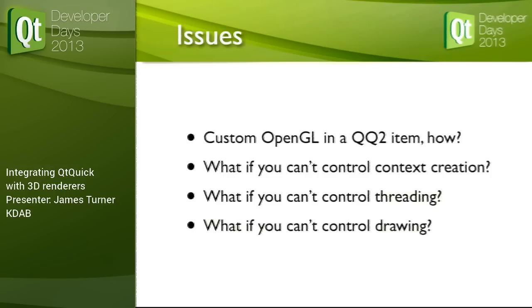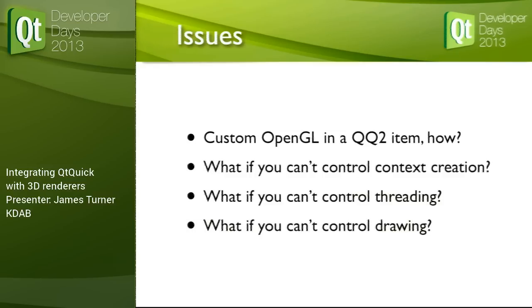So let's say in my QtQuick 2 items, I want to do some completely custom OpenGL. Rather than just those geometry nodes and materials, I want to do something different. What if I've got a rendering library that I want to call into in before rendering that wants to use its own OpenGL context because we can't control it? That happens quite often.